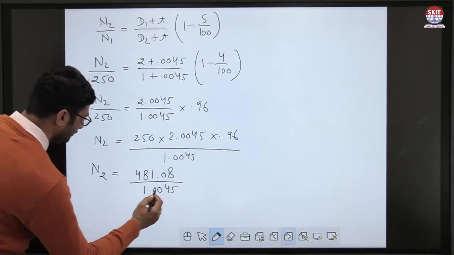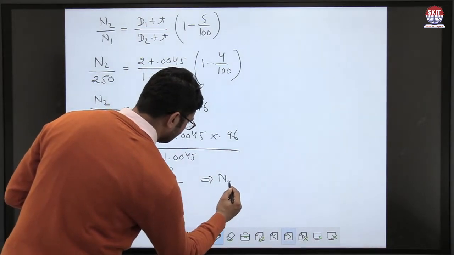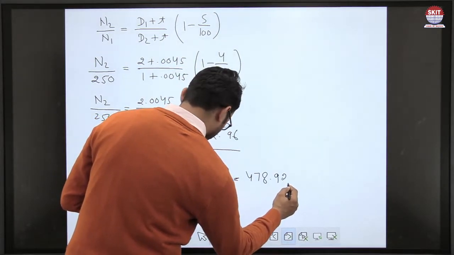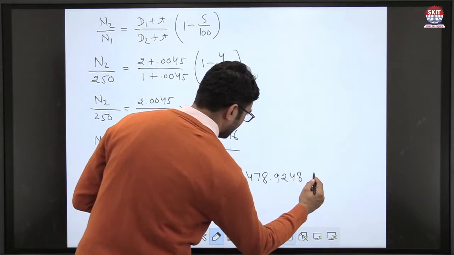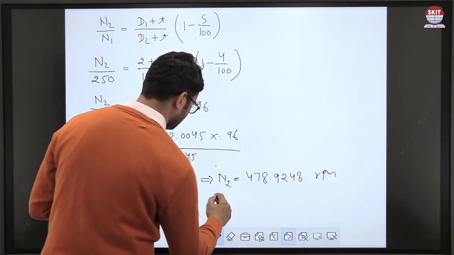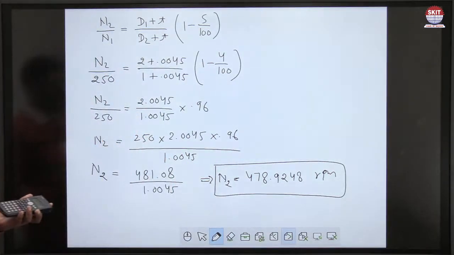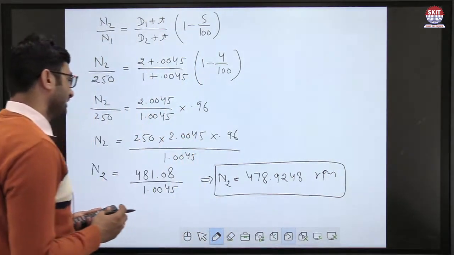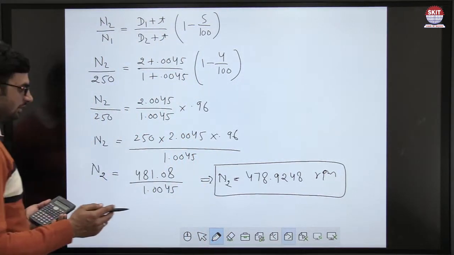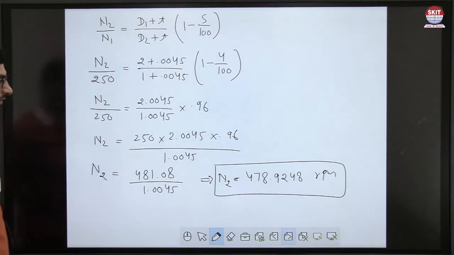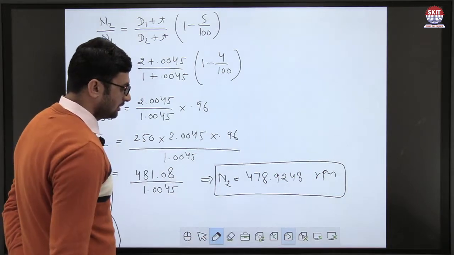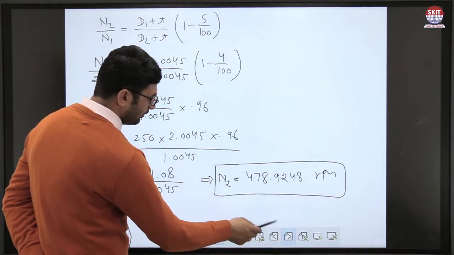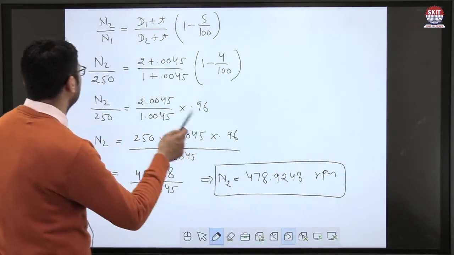And the value of N2 is 478.9248 RPM. This is the RPM of the driven pulley when total slip is 4%. From this answer, we see that when slip is present, the value of N2 is less compared to when there is no slip. This is the 478.92 value when slip of 4% is present.